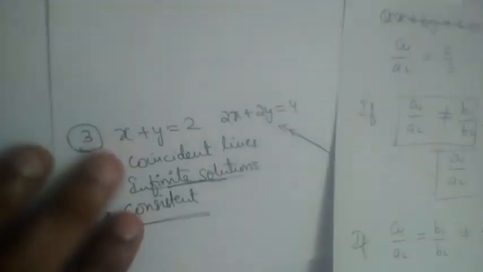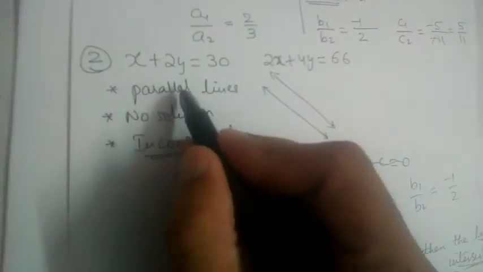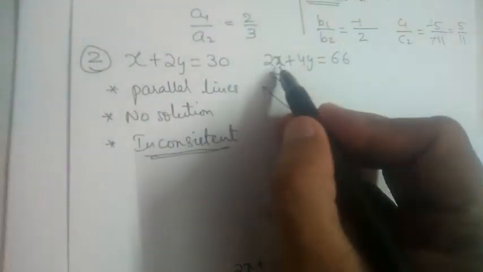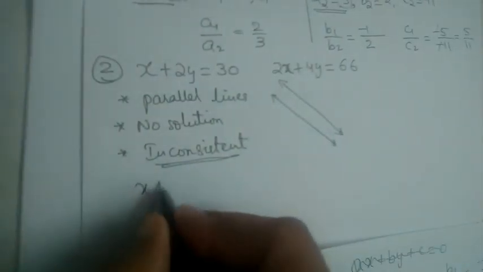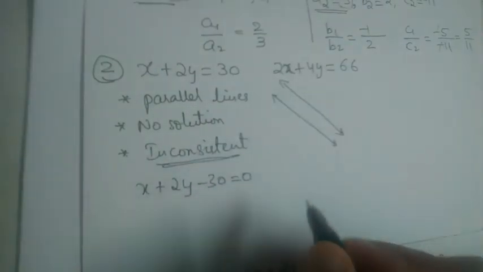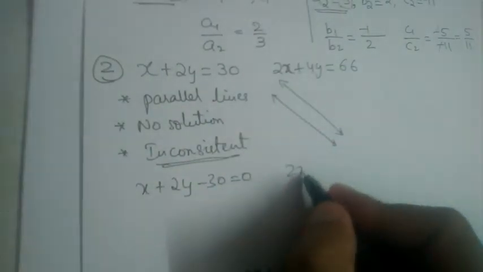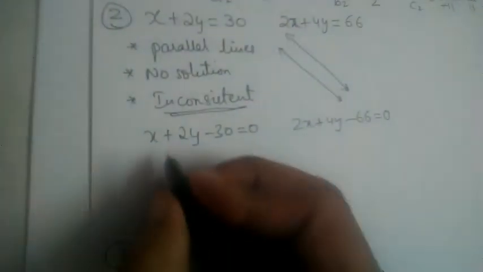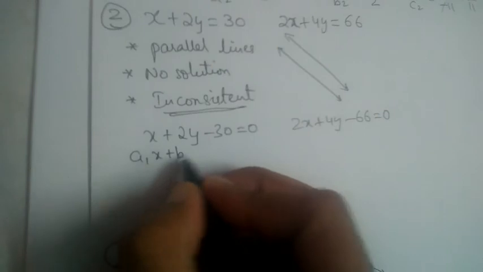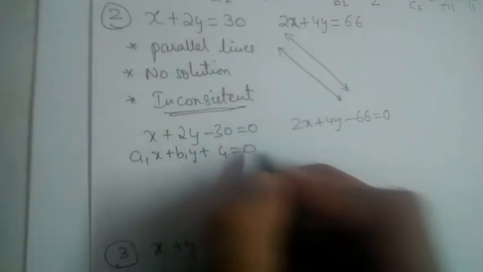If this is the case, a1 by a2 is equal to b1 by b2 not equal to c1 by c2. We'll see here this one, x plus 2y is equal to 30, 2x plus 4y is equal to 66. Let us arrange this in standard form. x plus 2y, this 30 comes here, it will become minus, right? And this one, 2x plus 4y minus 66 is equal to 0. Now this is a1x plus b1y plus c1 is equal to 0.